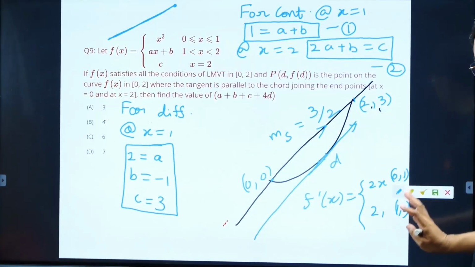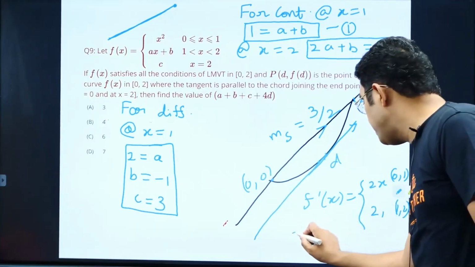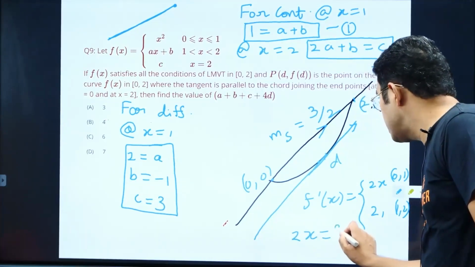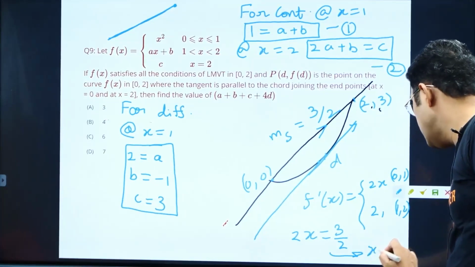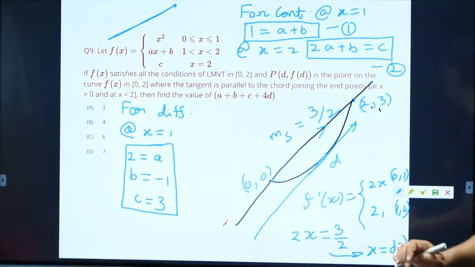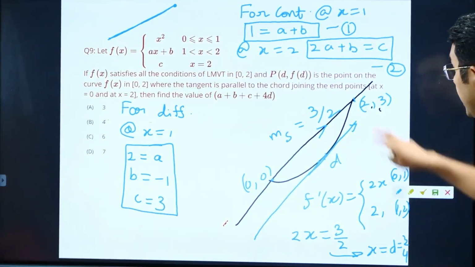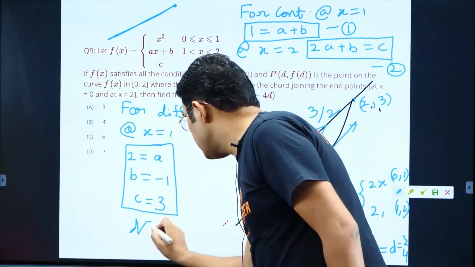The only option we are left with is the interval 0 to 1. So I need to put 2x equal to 3 by 2, which gives the required value of x, or d, equal to 3 by 4. Hence the required d is 3 by 4. So let me write d here.